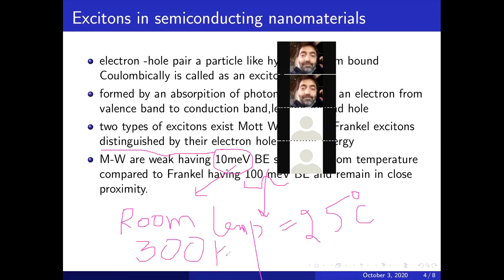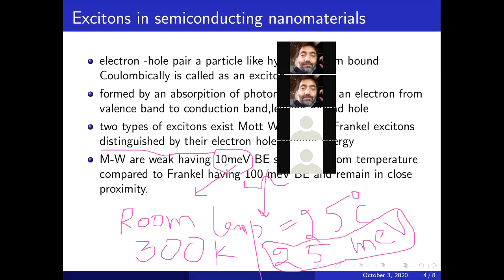And if you convert 300 Kelvin into energy using this Boltzmann law, then you see that room temperature in the energy form, because it's a thermal energy, is 25 milli electron volt. This is important to point out: the thermal energy naturally at room temperature is 25 meV.